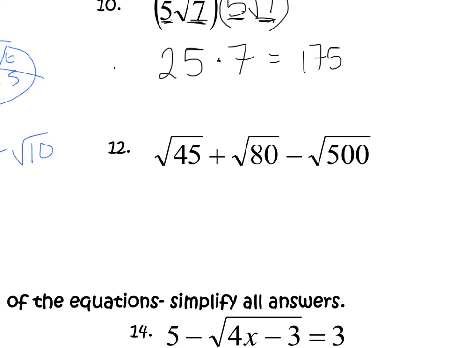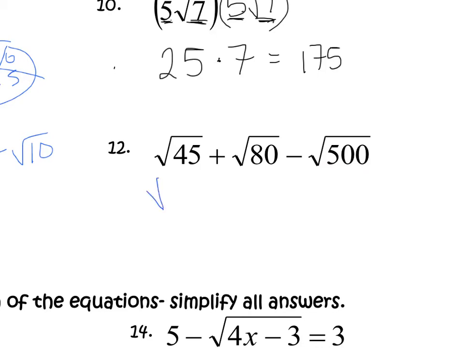Alright. Adding and subtracting. Well, since it's adding and subtracting, and you can't add or subtract these because they are all different square roots, you might think, oh, maybe I should simplify. You should think that.